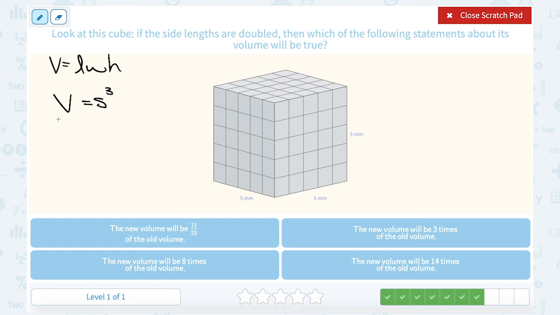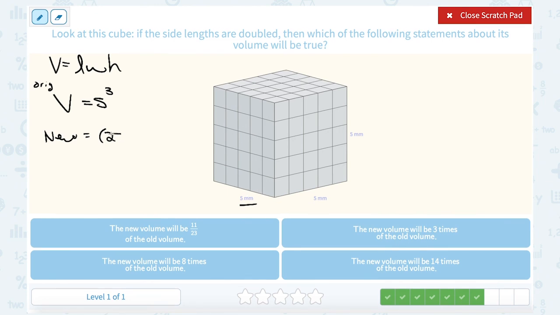Okay, so here, if we double each side, well, that means for my original one, I would say the side length times the side length times the side length, right? So that's the original cube. My new cube, whatever the side length was, in this case it's 5, but let's just use our formula because that would work for any number, means that each one is being doubled.